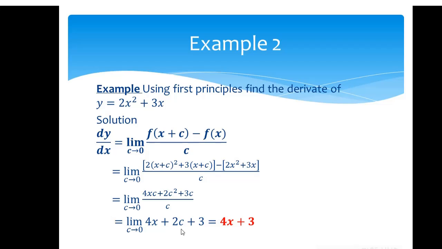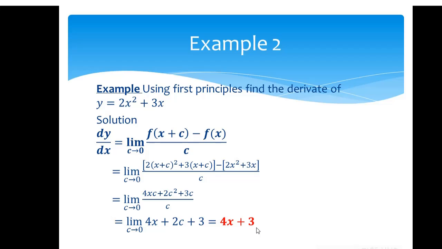We make our substitutions, and after making our substitution, we just expand the function that we have, and after the expansion we get the limit, and we divide each and every term on the numerator by c. We are left with 4x plus 2c plus 3. So now as c goes to 0, 2c will go to 0, and we are left with 4x plus 3.